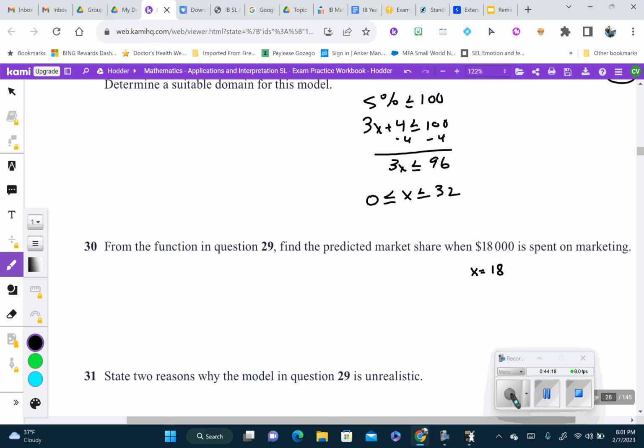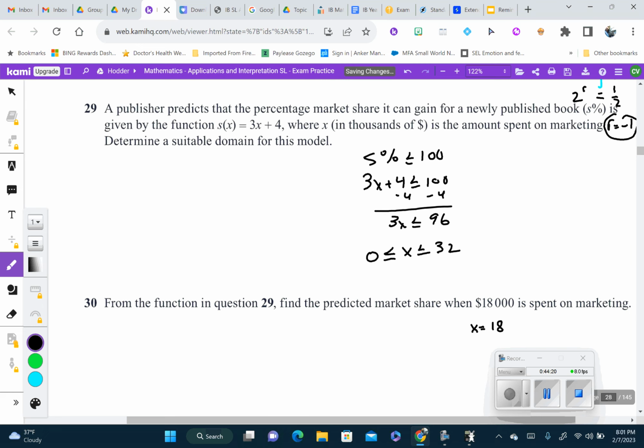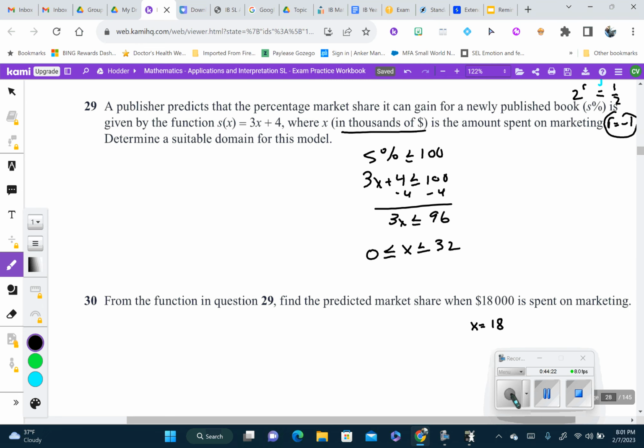Because it's in thousands of dollars. That's what it says. So I'm going to plug that into the formula that they gave us, which is 3x plus 4. So I have 3 times 18 plus 4. Hit enter in the calculator, and that is going to equal 58. In this case, it's percent. So 58%. Okay.